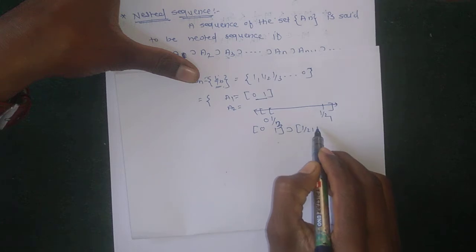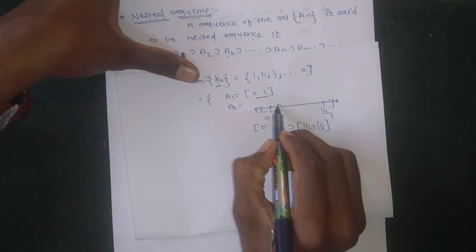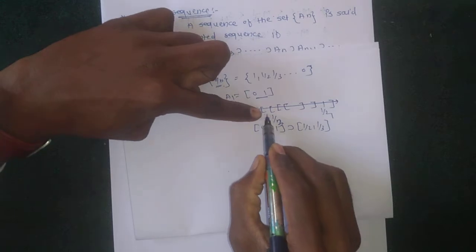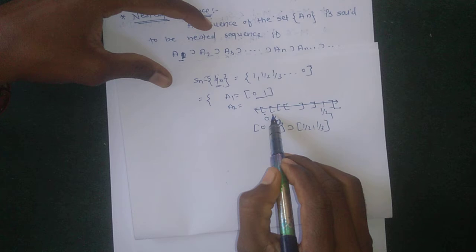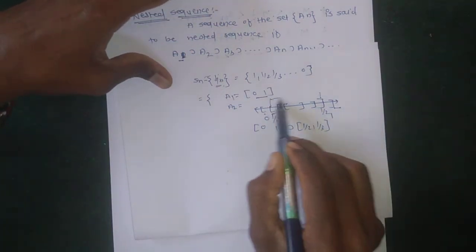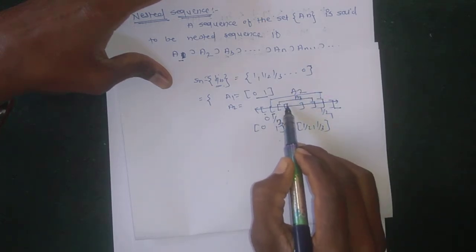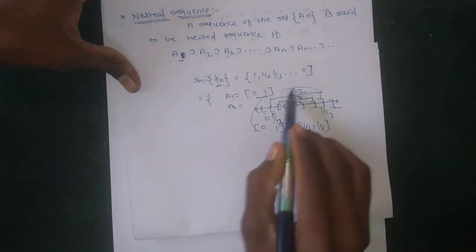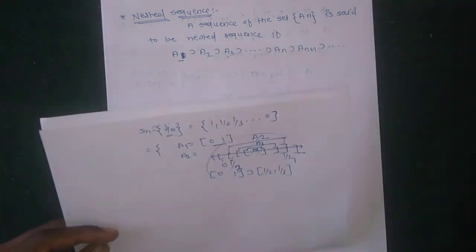Then again taking one number, in this way. So the interval 0 1 is A1, then the second interval is A2, then A3, A4 and up to so on. In this way, if intervals exist, then we say that the given sequence is a nested sequence.